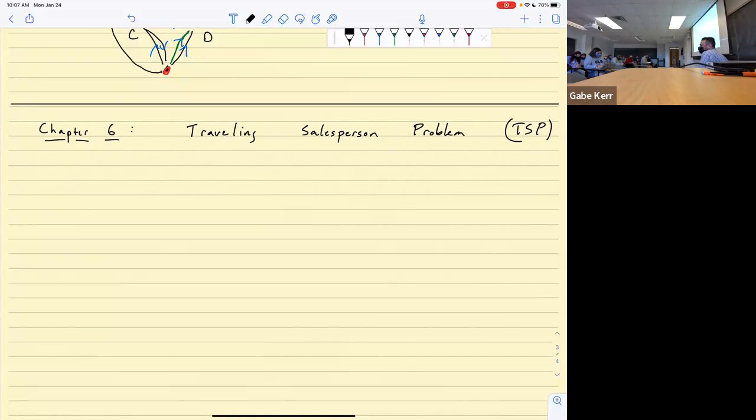What are these about? What do you need for one of these types of problems? The book kind of lists them out. You need a traveler, something that's traveling. It could be a package, it could be an electron in a circuit board, it could be all kinds of stuff, depending on the problem.